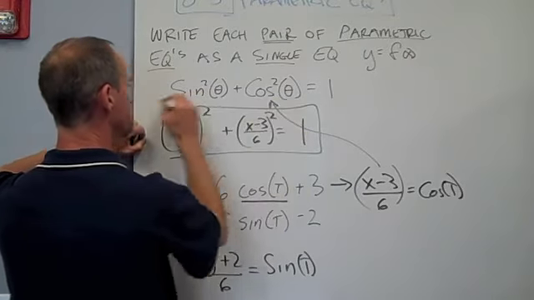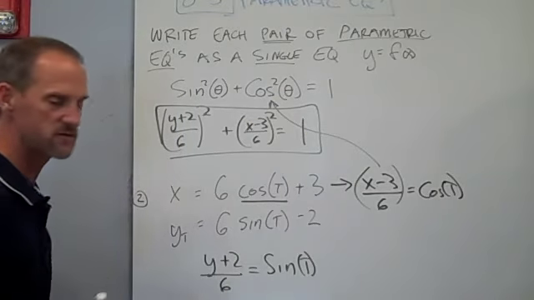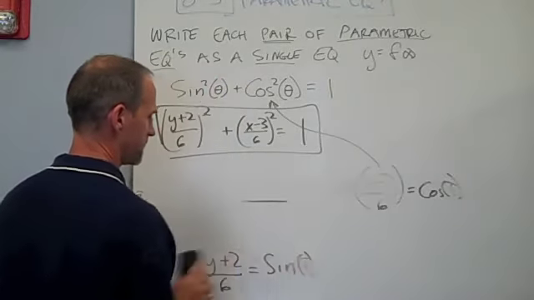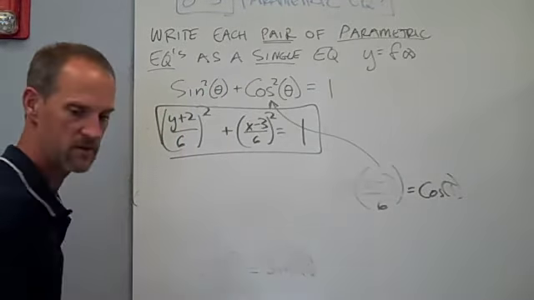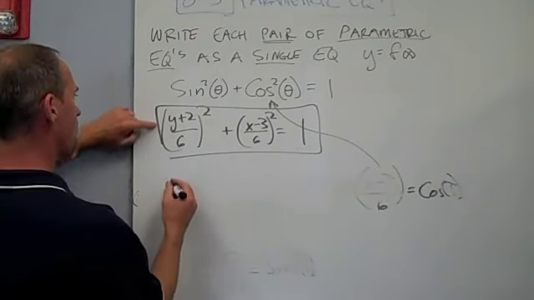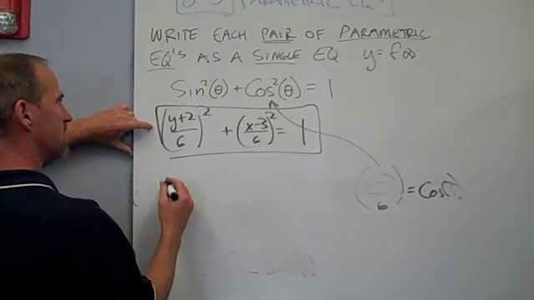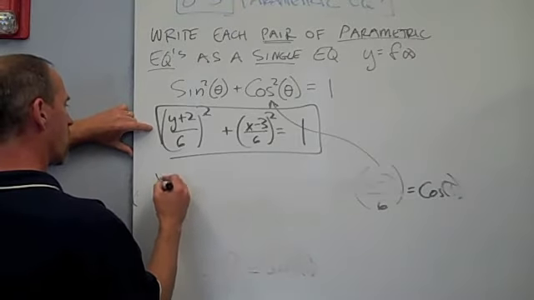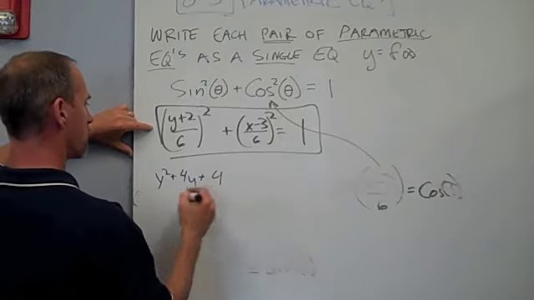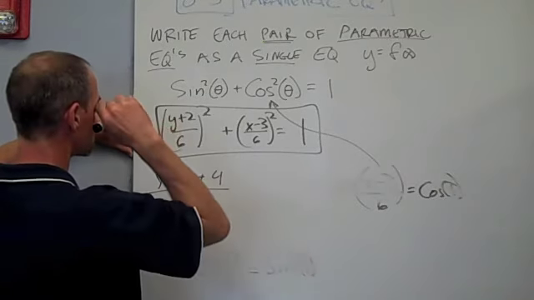And then what I do is I clean that up. I just do the math to clean that up to save a little bit of space. Okay, that is going to be FOIL it out, and I'll just get y squared plus 4y plus 4 divided by 6.